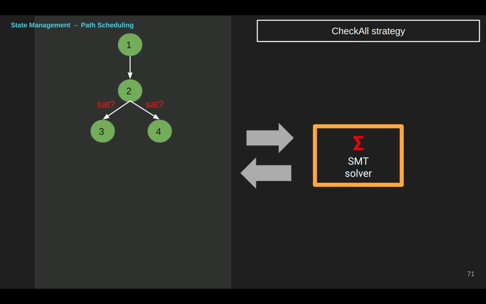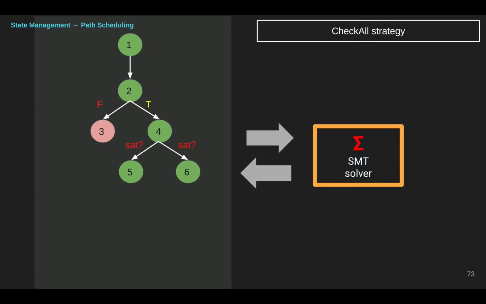First one is check all. So every time you fork, you check, is it satisfiable or not? And if it is satisfiable, you keep it. If it's not satisfiable, then you just throw away the whole branch, right? So in this case, the 3 was not satisfiable, and then you just throw it away. You stop exploring there, and then the 4 was satisfiable, and then you continue exploring there.